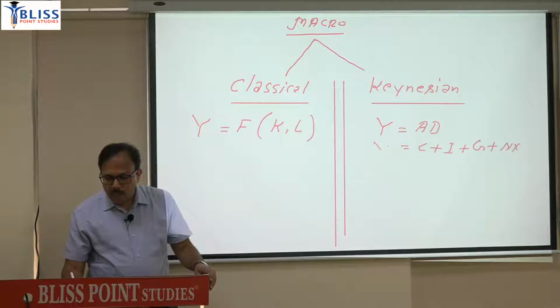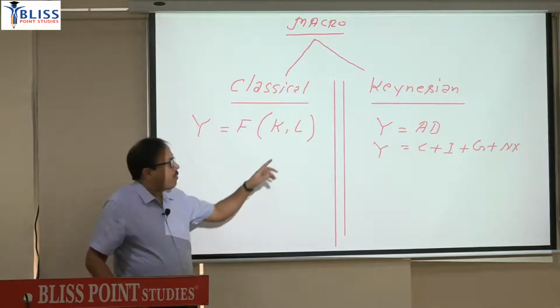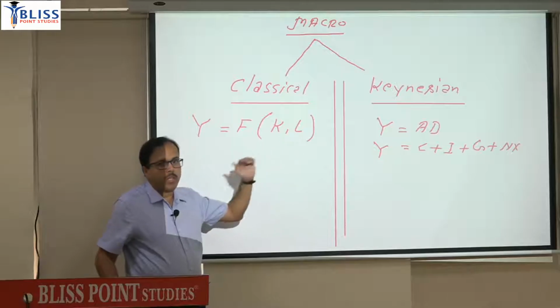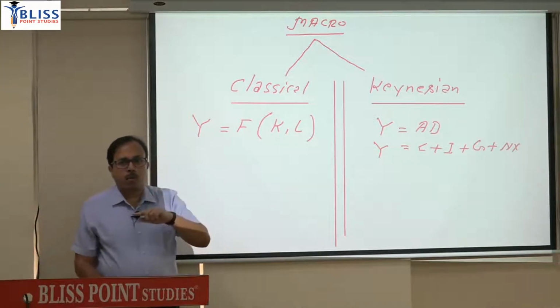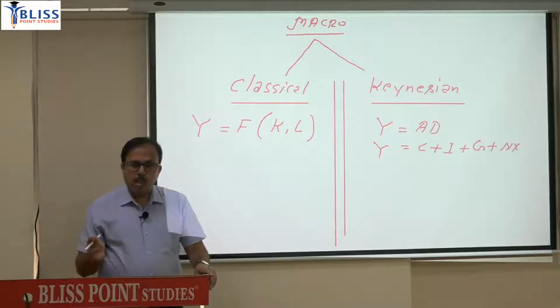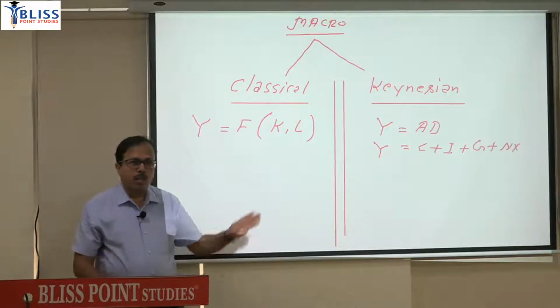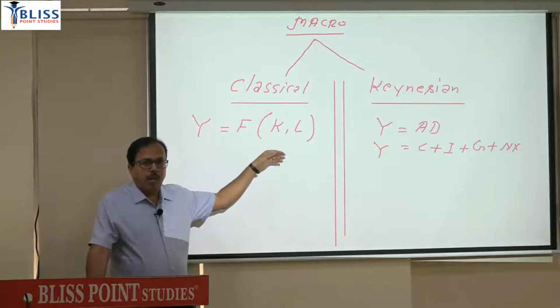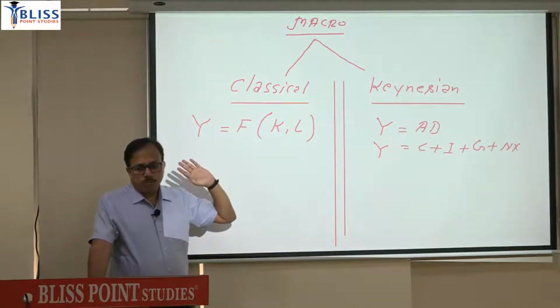So you are writing y is equal to AD also. But when you write y equal to AD, it means as demand increases, output will increase. That means what determines output? Output is determined by demand. And here what are they saying? Output is determined by capital, labor, technology and so on.